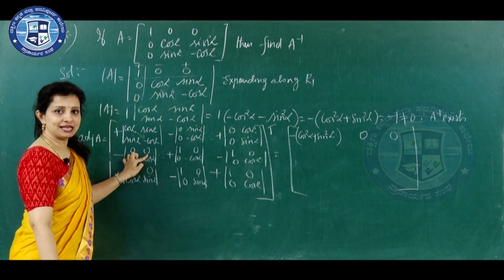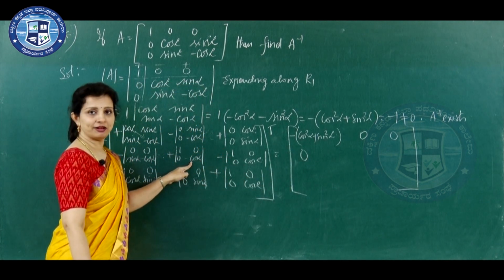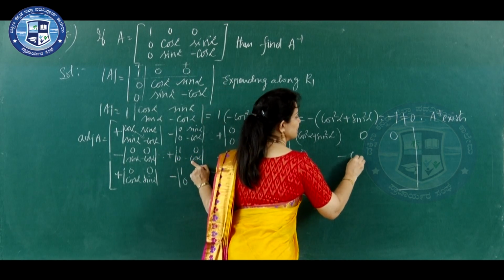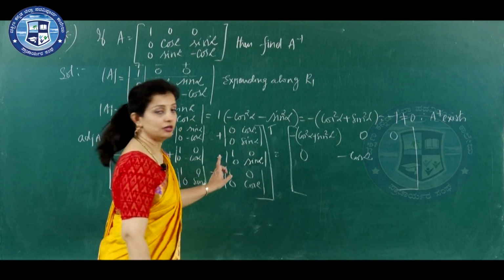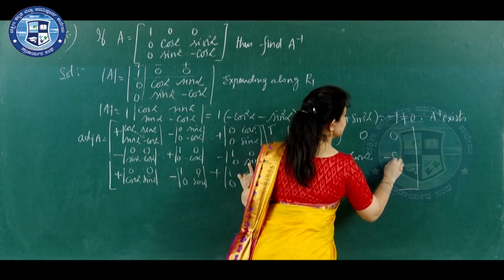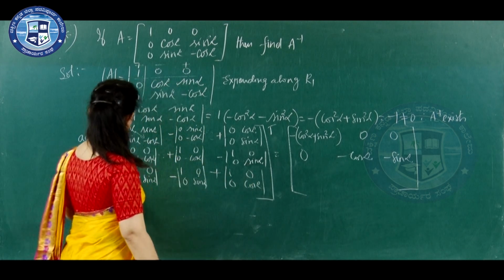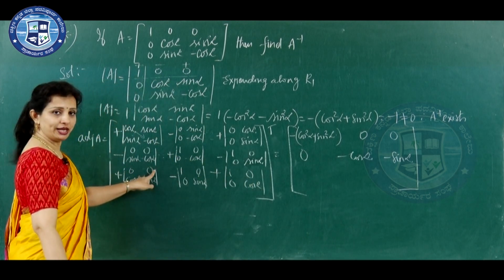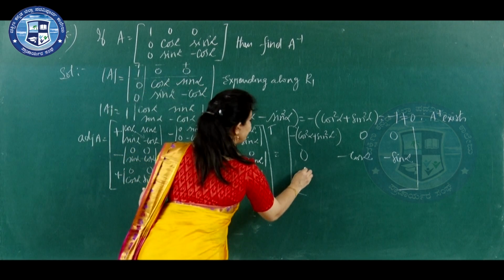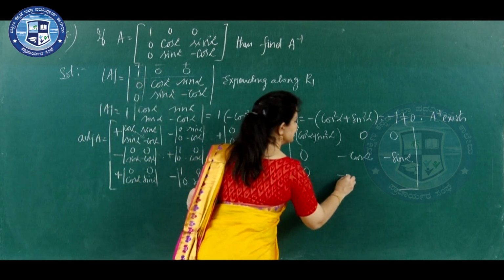Here first row elements are 0, so it is 0. Look at this, 1 into cos alpha, minus cos alpha, minus of 1 into sin alpha, minus sin alpha. Here first row elements are 0, so when you expand you will get 0, minus of 1 into sin alpha, minus sin alpha.